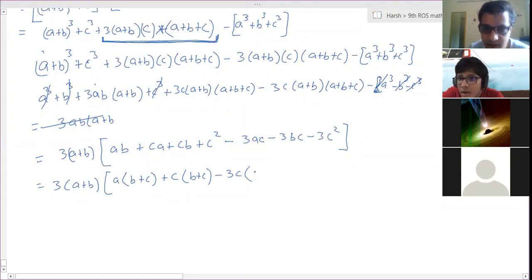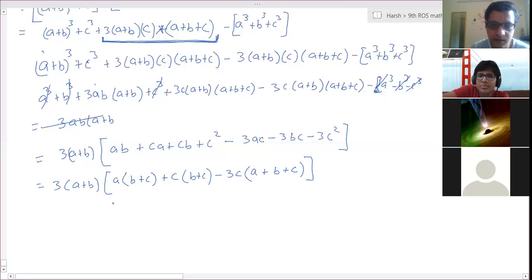Then the remaining is (a plus b plus c), correct? Yes. Then we can take 3(a plus b)(a plus c)(b plus c). Just hold on.